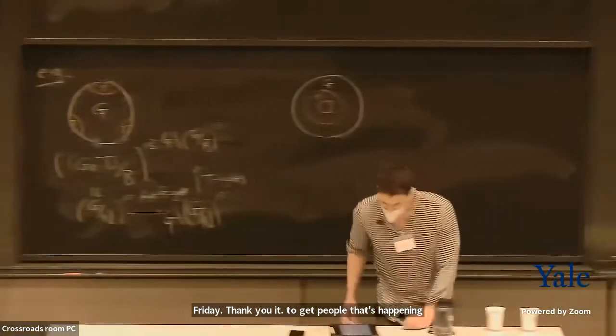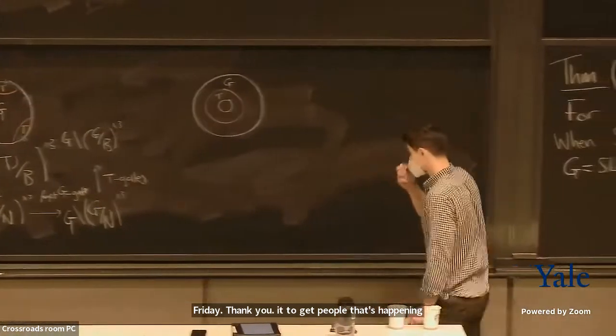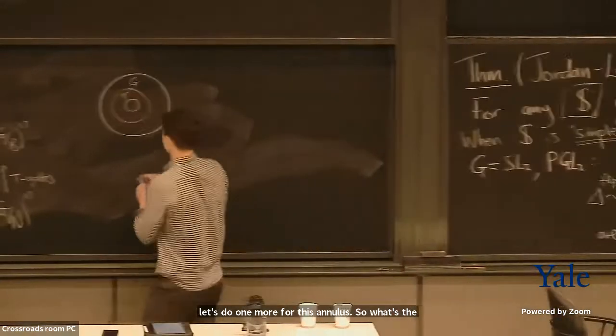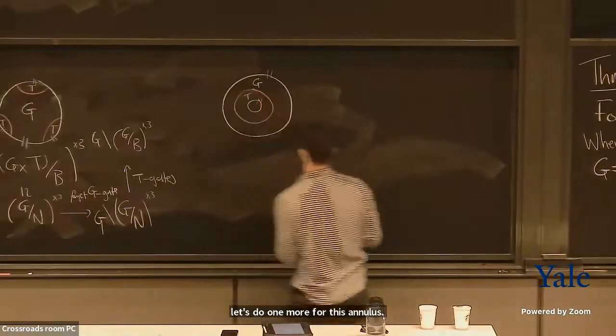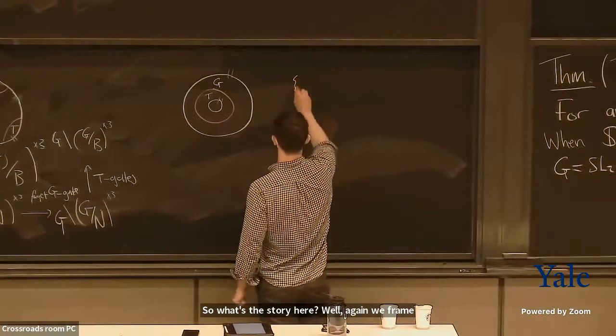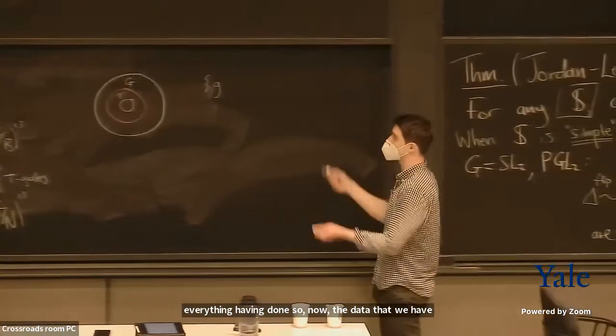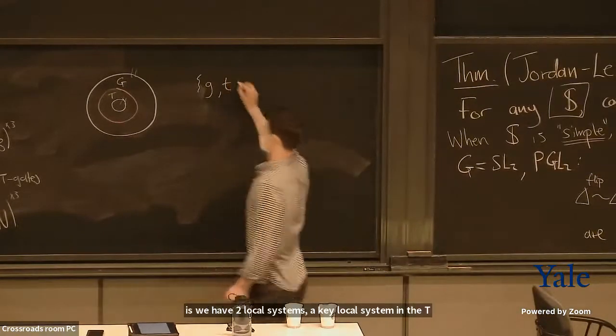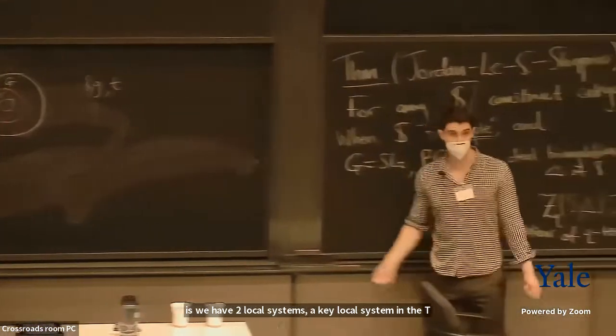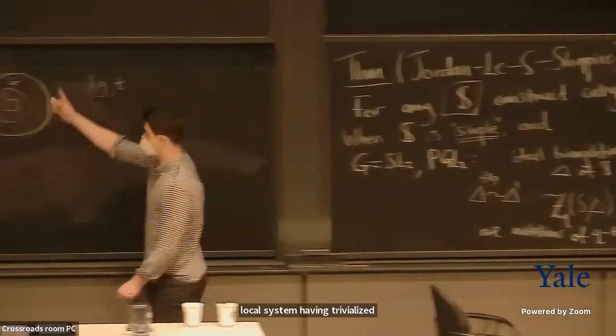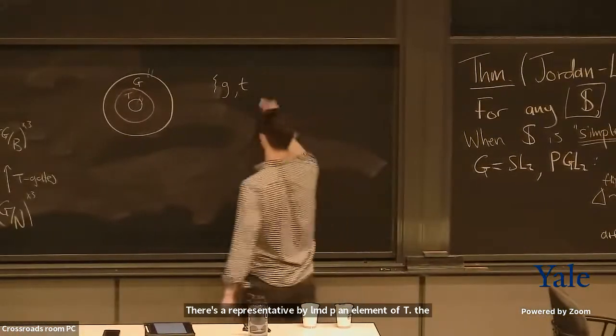Let's do one more for this annulus. So what's the story here? Well, again, we frame everything. Having done so, the data that we have is 2 local systems, a G local system and a T local system. Having trivialized, those are represented by an element of G and an element of T, the 2 holonomies around the obvious loop.